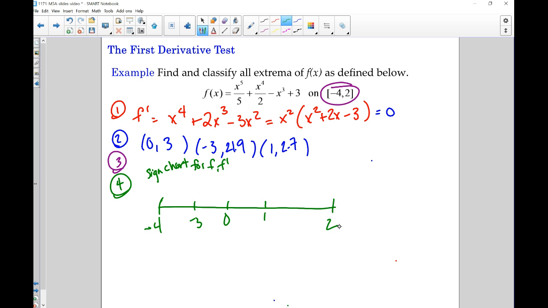Now I need to find the sign of f prime in each of these intervals. So let's take f prime of -3.5 for this first interval, then f prime of -1, f prime of 0.5 for this interval, and then f prime of 1.5.